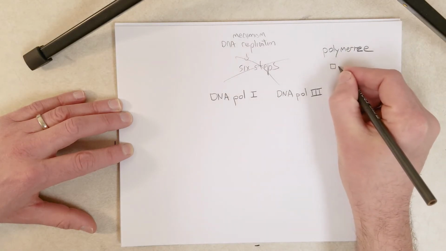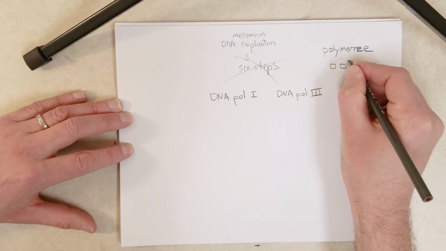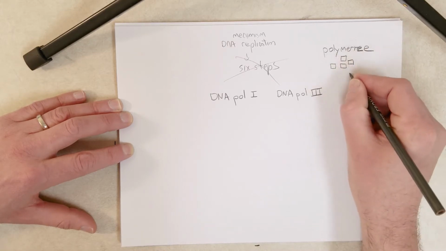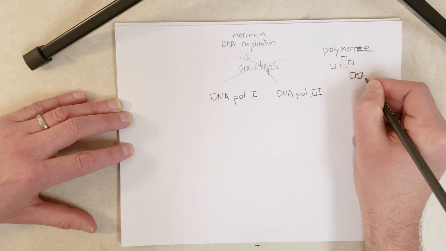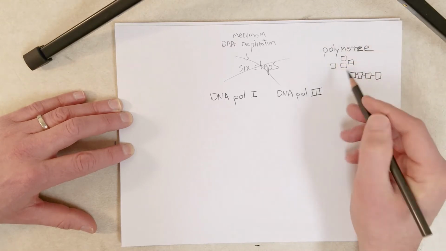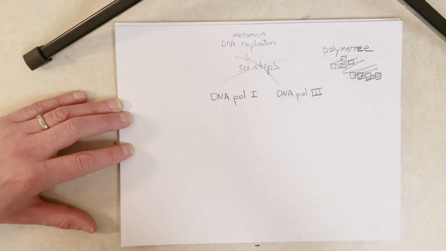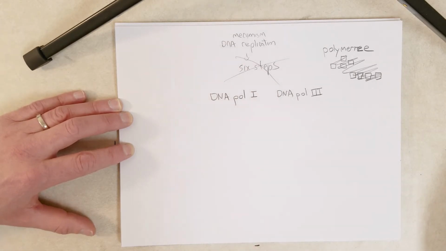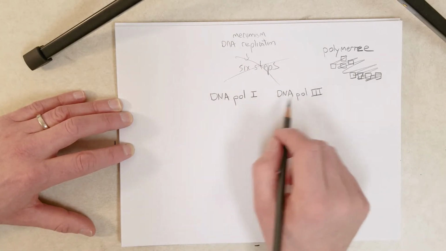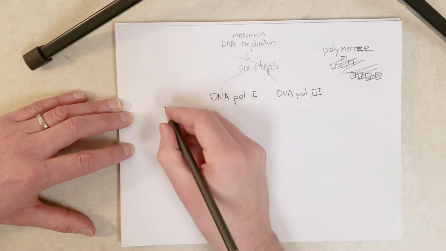So if these are nucleotides, a polymerase would join them together. It doesn't quite work like that, but essentially DNA polymerases join DNA nucleotides together. So these 2 polymerases have a couple of properties.